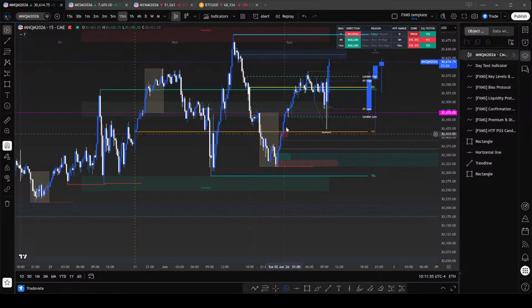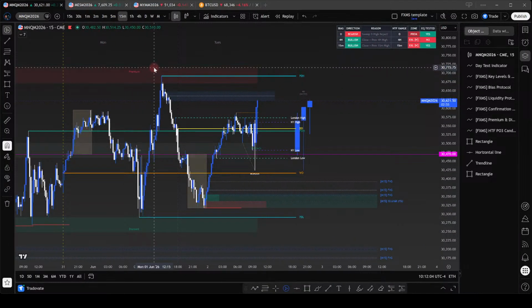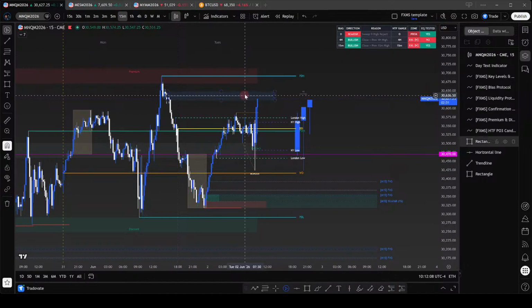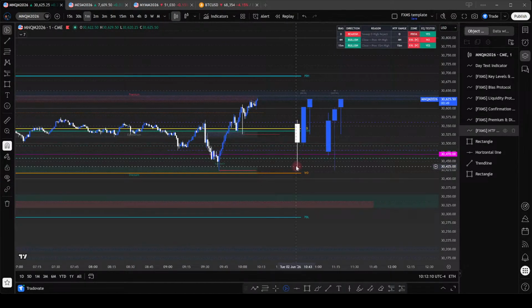So you can see here low to high, right? Higher low, and then now higher high. And so we're expecting it to come down, give us another higher low, and then another higher high through the previous daily high. If it does it from here, then you know, nothing we can do about that.